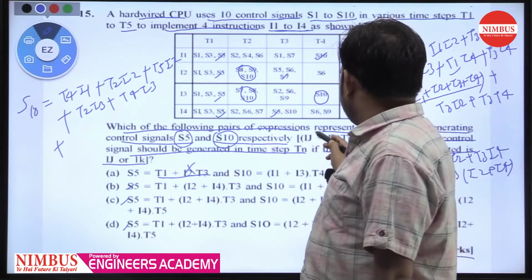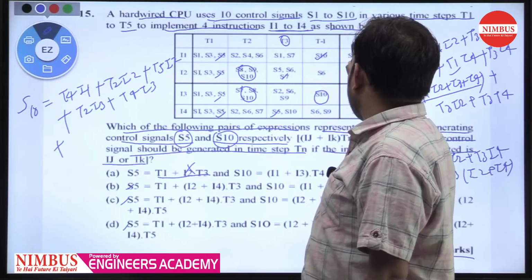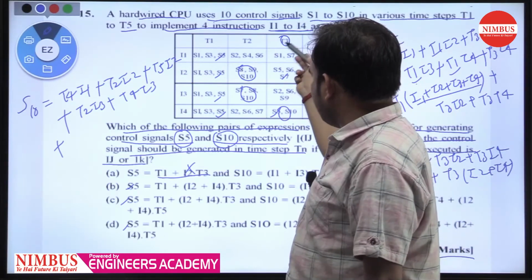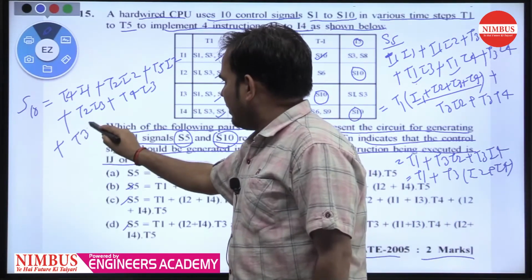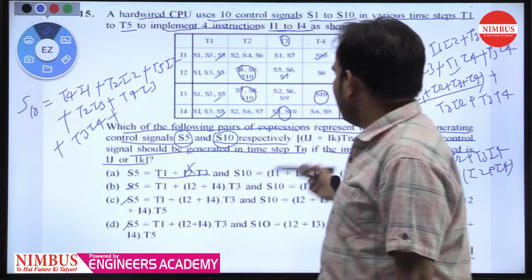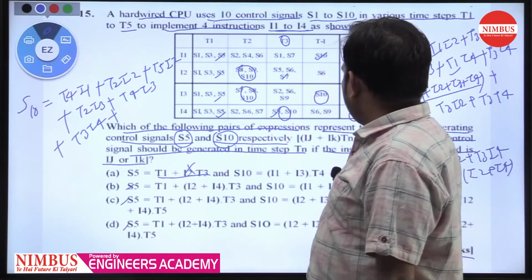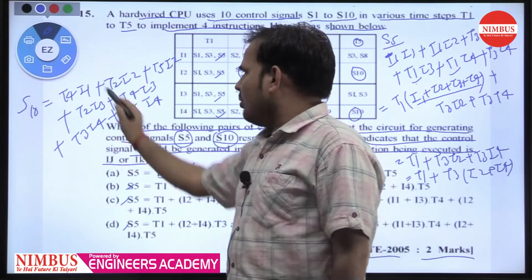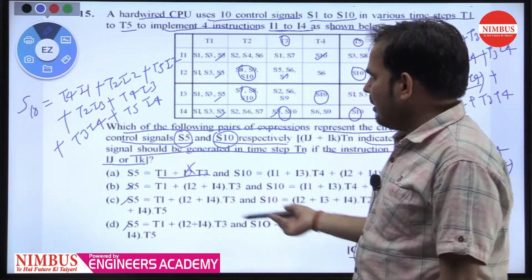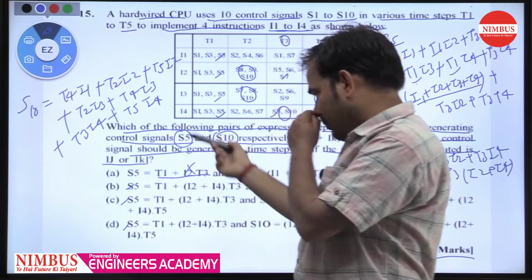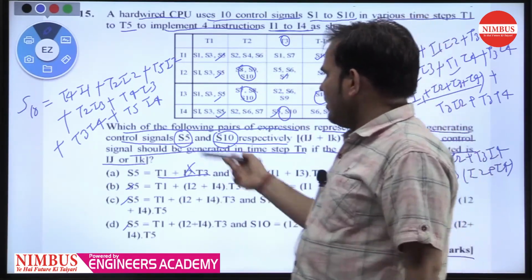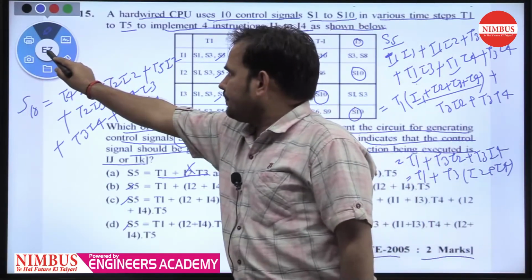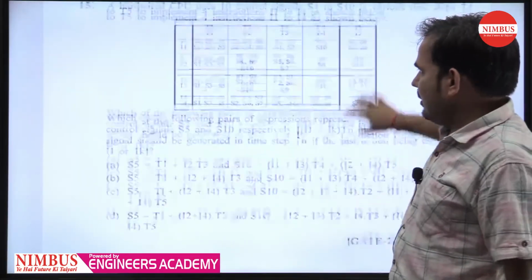S10 is present in T3 and T5 in I4, so we can write T3 I4 plus T5 I4. So we will solve it, and whatever signal we get will be our answer. This is the way through which we can calculate the control signal. Let's see the solution.